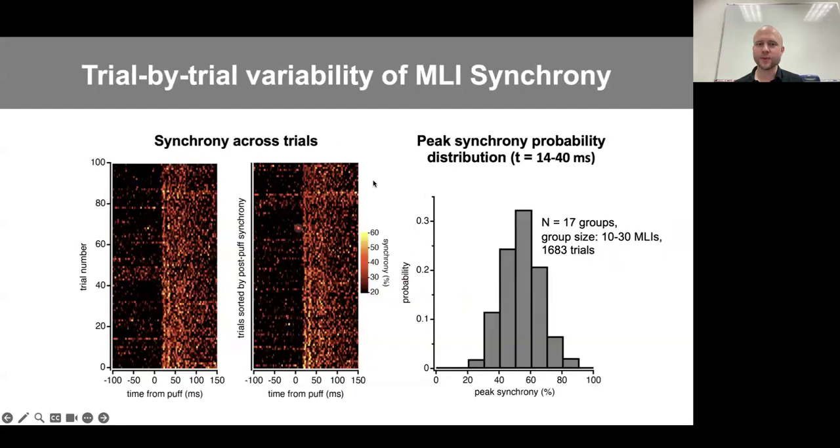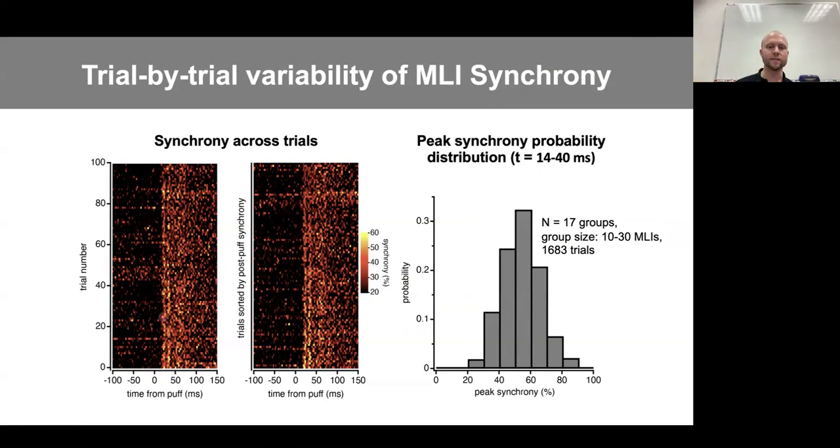Okay. So we can also look at what these MLIs are doing across the hundreds of trials that we've recorded. And when we do that, and we look in the early window after the air puff, what we find is that the level of synchrony, so this is now a synchrony metric.